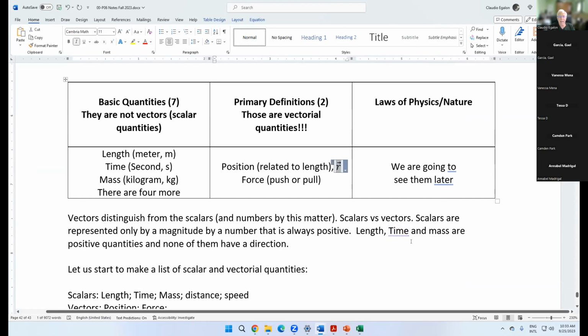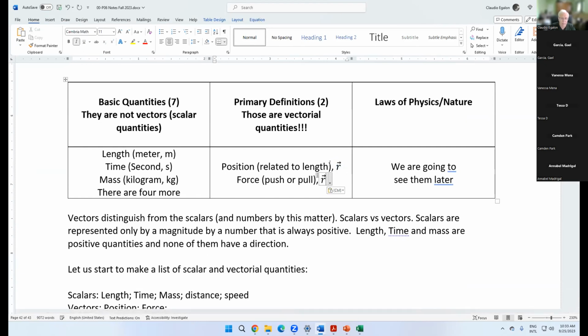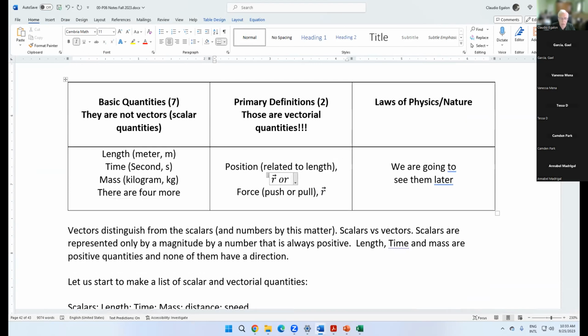Anything that has an arrow at the top of the letter should be considered a vector. That's the notation for vector. There's another notation: the letter in boldface. It's easier for books. Many books represent a vector by a bold-faced letter, and your book is using this bold-faced representation of a vector.